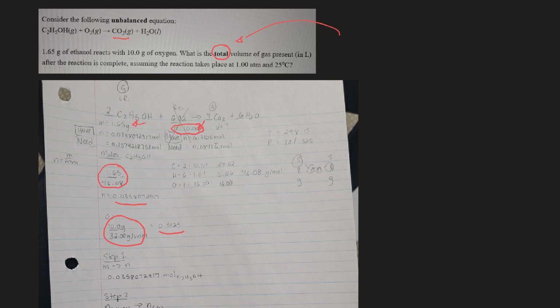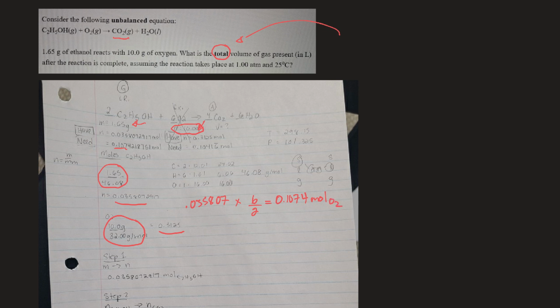And then it looks like I don't see this anywhere, but I think what's happened is we've gone 0.0358, etc. moles of ethanol, and we went times 6 divided by 2, and that came out to this number, 0.1074 moles of oxygen required.